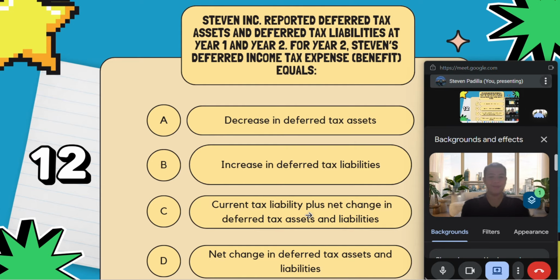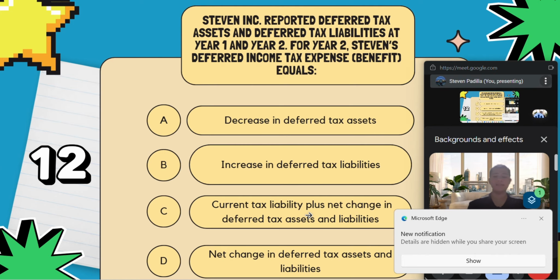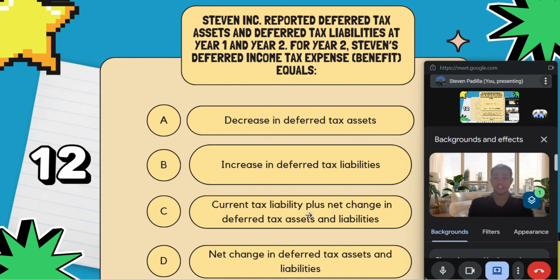Steven Incorporated had deferred tax assets and deferred tax liabilities at year 1 and year 2. For year 2, Steven's deferred income tax expense or benefit was computed as the net change in deferred tax assets and deferred tax liabilities, because deferred tax expense reflects the effects of temporary differences that increase or decrease future tax amounts.